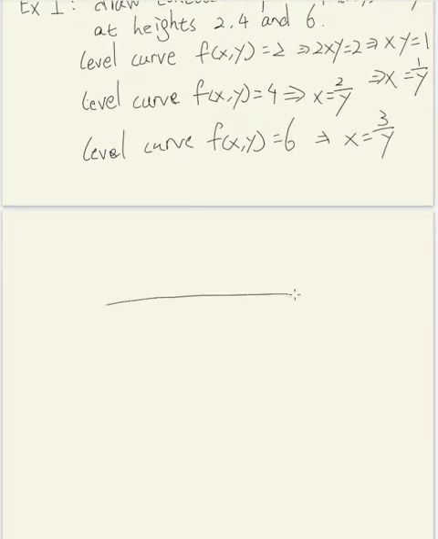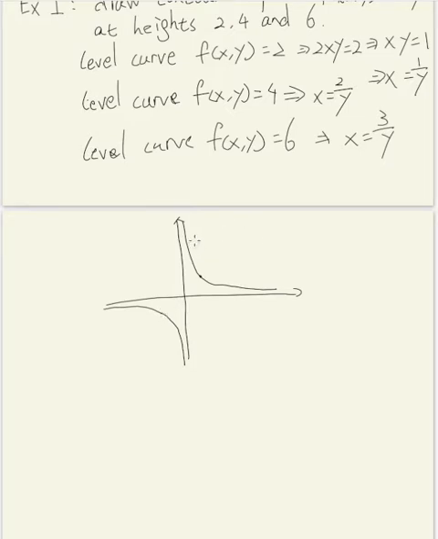Here's a coordinate system. x equals 1 over y looks something like this. Not a very good drawing. Okay, so it passes through the point 1, 1.